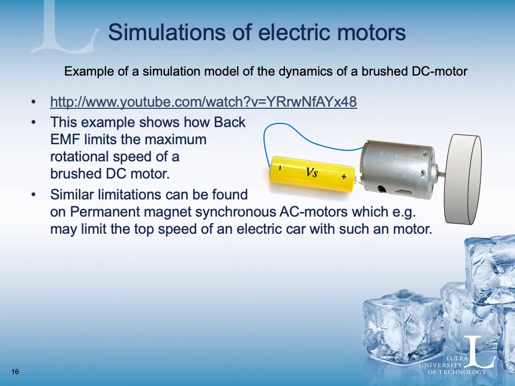And this example actually is a good example that shows how back EMF limits the maximum rotational speed of the brushed DC motor. And as we discussed, similar limitations can be found on permanent magnet synchronous AC motors, which, for instance, may limit the top speed of an electric car with such a motor.